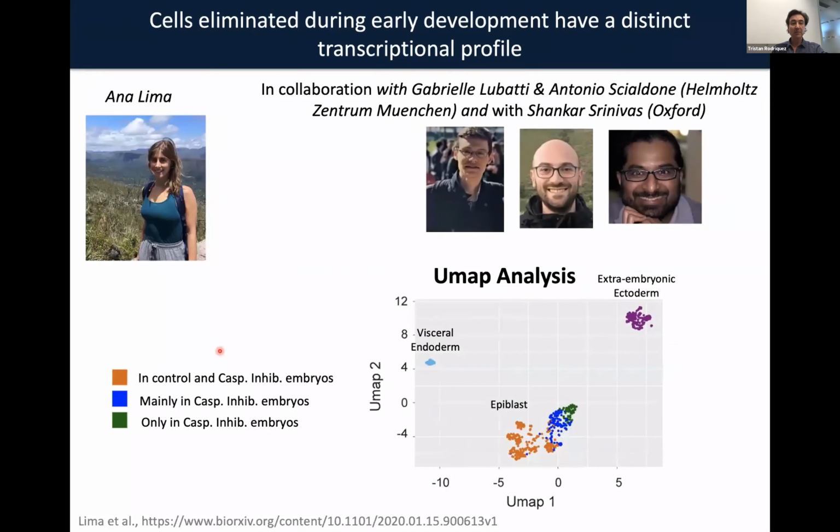This was work done by a very talented PhD student in the lab, who's now a postdoc, Ana Lima, in collaboration with another talented student, Gabriele Lubati, who was in Antonio Cialdone's lab in Munich, and with Shankar Srinivas in Oxford.